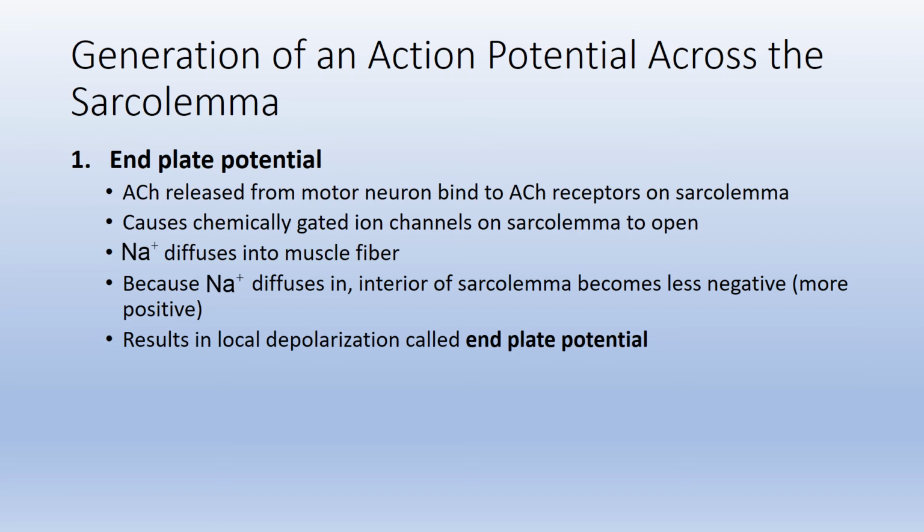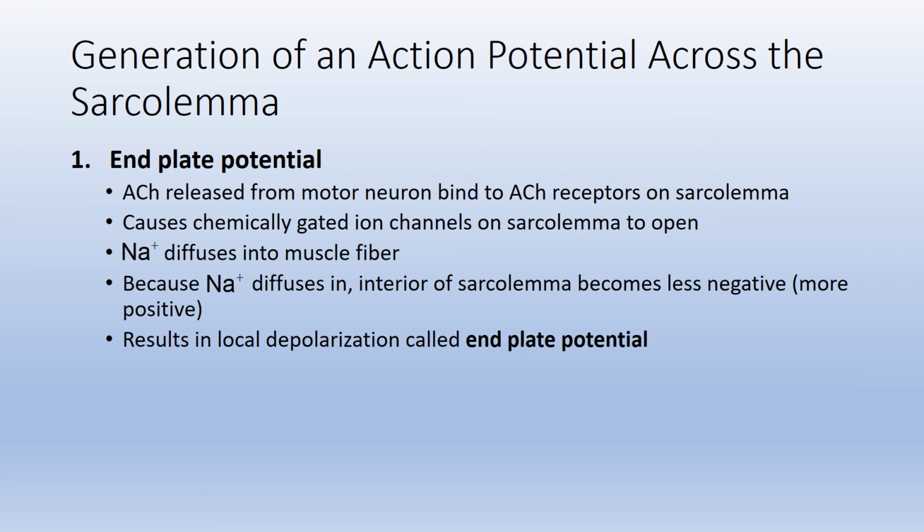So going back to the events at the neuromuscular junction, we have acetylcholine released from the axon terminal, which will diffuse across the cleft to bind to acetylcholine receptors on the muscle fiber. Once acetylcholine binds to the muscle fiber, that is a chemical messenger that will cause the opening of chemically gated channels.